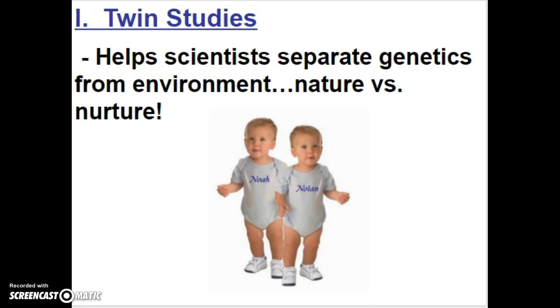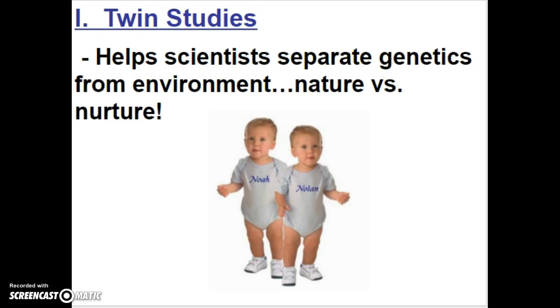Twin studies are used, and actually the University of Minnesota in the Twin Cities has a twin research program where they take twins that for some reason were separated at birth and they are reunited later in life.